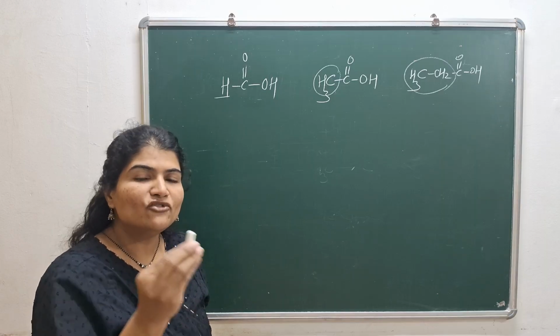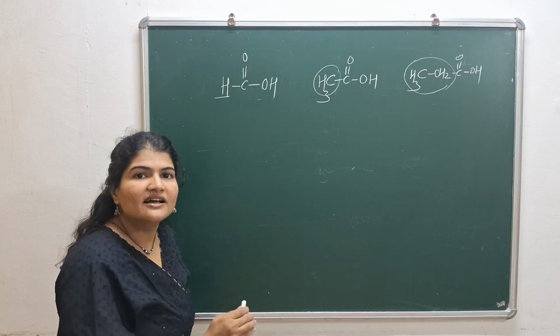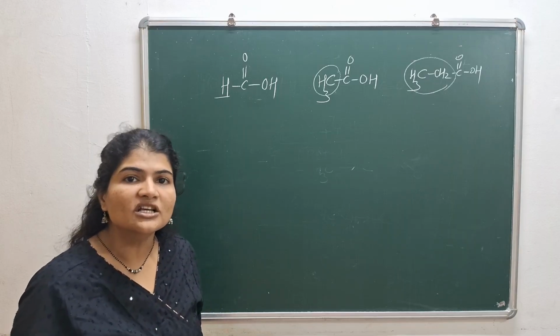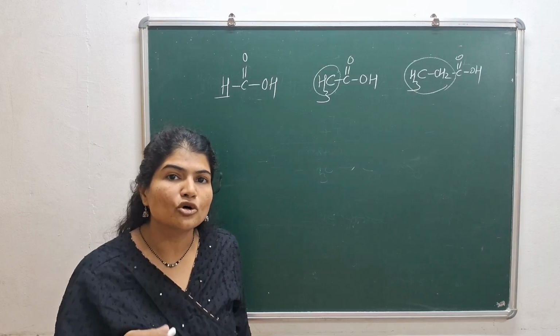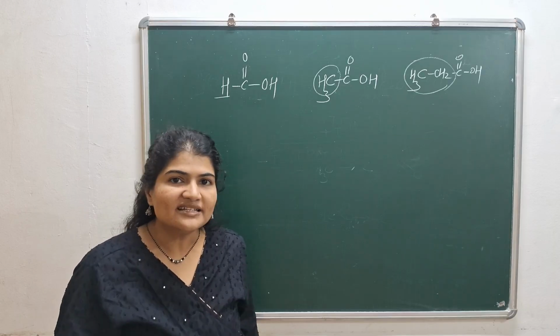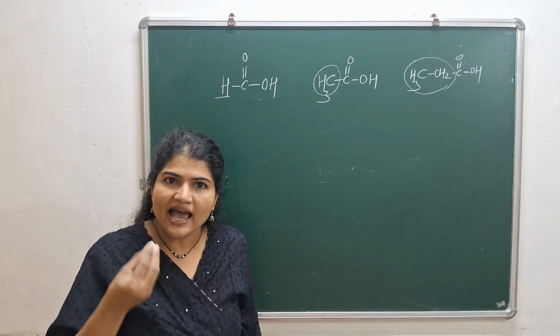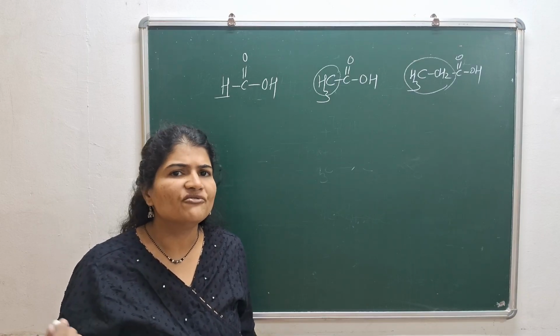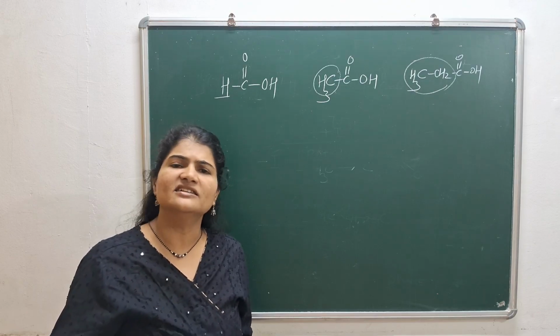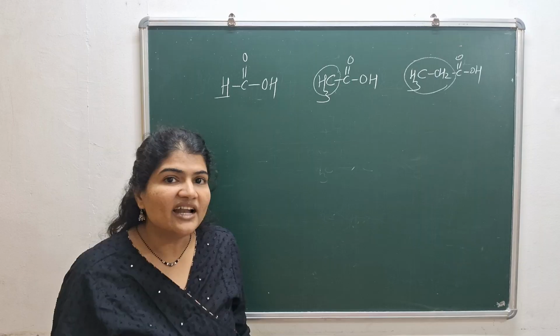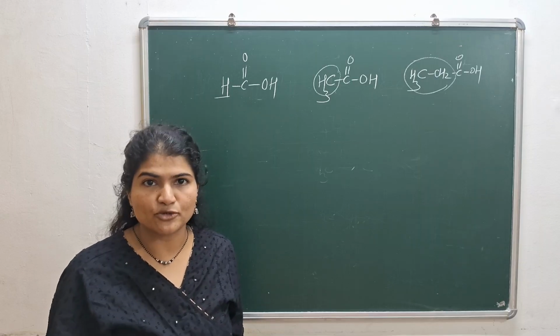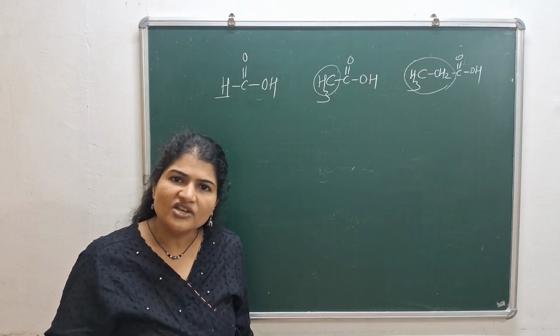For that you have to first understand that acidity depends on how easily the proton can be donated. An acid is a proton donor. So if an acid is able to donate the proton very easily, then that acid is a strong acid. But if that acid struggles to give away the proton, the acid may be a weaker one.